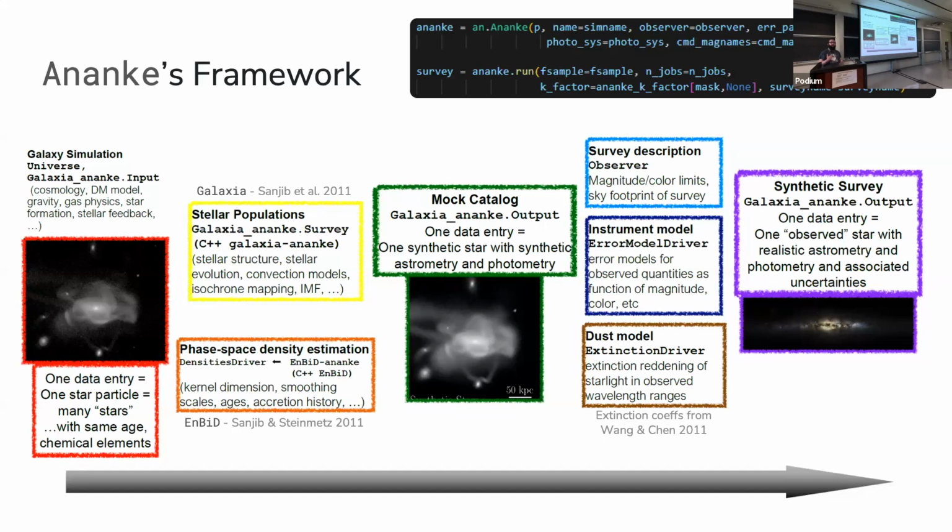Each star particle comes with position, velocity, mass, and various physical properties. NNK wraps around the Galaxia software, which in this case is modified to use the simulation data as the Galaxy model, instead of the Besançon model. It uses the star particles to first sample the phase space out of density estimations, and also the IMF out of the mass of each star particle, to produce a first catalog of synthetic stars.